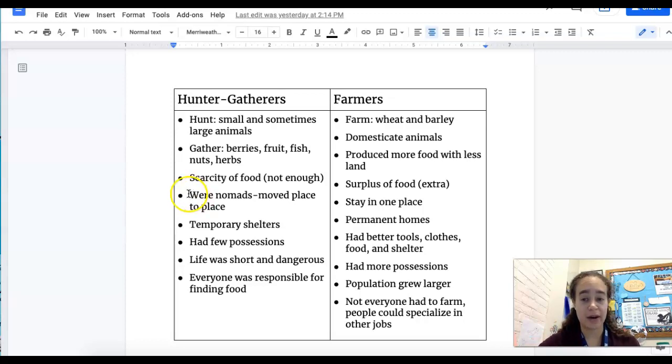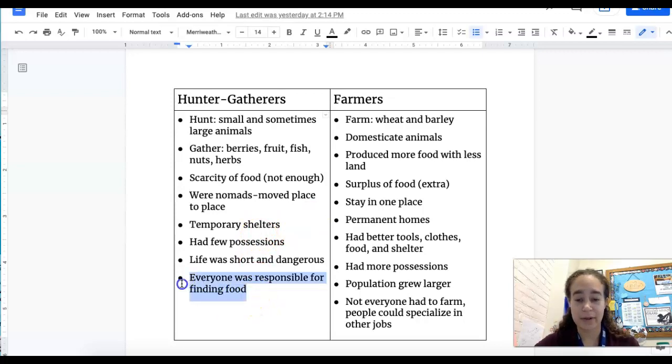Okay? It talks about how hunter-gatherers and farmers were different from each other. Then maybe I choose something else from the list about how with hunter-gatherers, everyone had to find food, versus in the farming communities, not everybody had to farm. They could specialize in other types of jobs. Maybe I list what some of those other jobs were. That would count as a 2nd example.